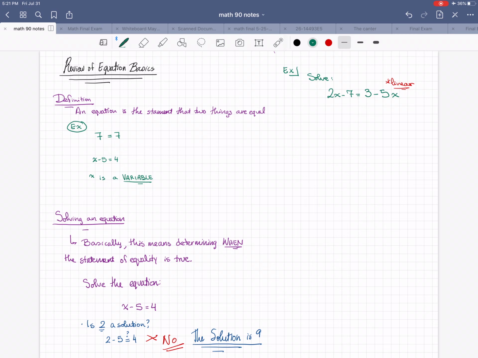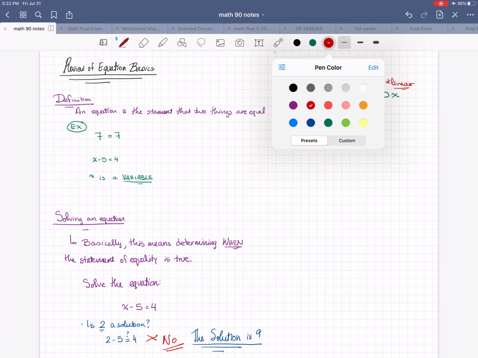Same thing, I am asking you, what value would you put for x such that if you multiplied it by 2 and subtracted 7 on the left, you get the same thing as if you multiply by 5 and then subtract from 3 on the right. And I'm completely willing to accept that some of you are able to do this in your head, just ballpark it, estimate it, and land on the right answer.